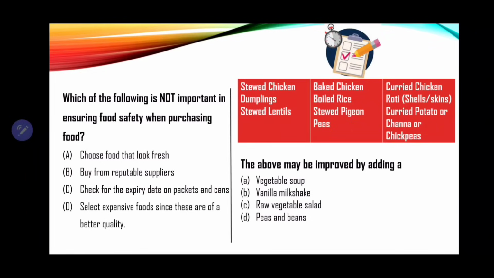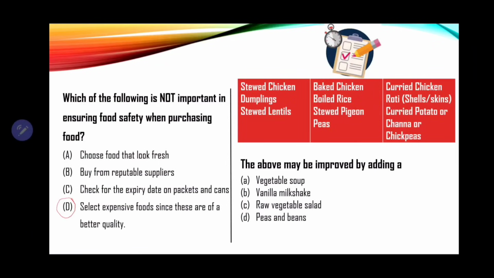C, check for expiry date on packets and cans, and D, select expensive foods since these are of a better quality. Now, the answer here is D. Expensive food, guys, is not necessarily of a better quality. We should choose foods that look fresh, buy from reputable suppliers, and also check the expiry date of these products, which are very important.